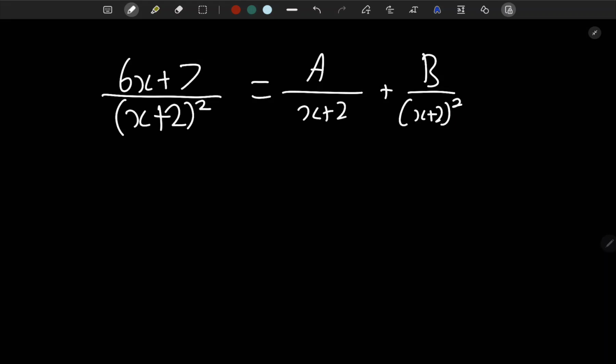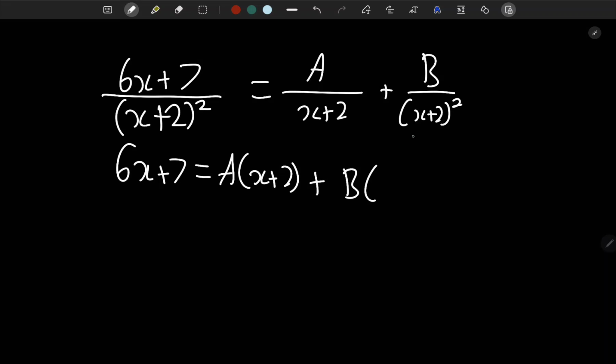And now as before, we will multiply the entire thing by the denominator here to get rid of it. 6x plus 7 is equal to a into, now we will cover up x plus 2 in here, so we will only have one x plus 2 as the remainder, x plus 2 plus b into, now we need to cover this up in this part, so we will only have one as the remainder.